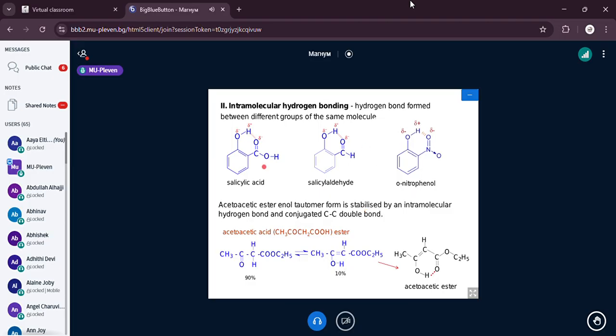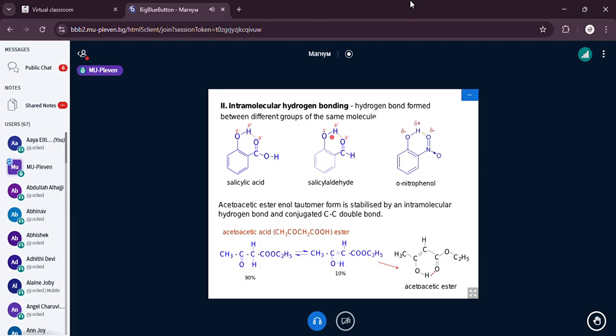orthonitrophenol. What is the requirement of such intramolecular hydrogen bonding? The groups participating in this hydrogen bonding must be close to each other, so such a bond can be realized. And you can see that the hydroxyl group and the carboxyl group are very close to each other.